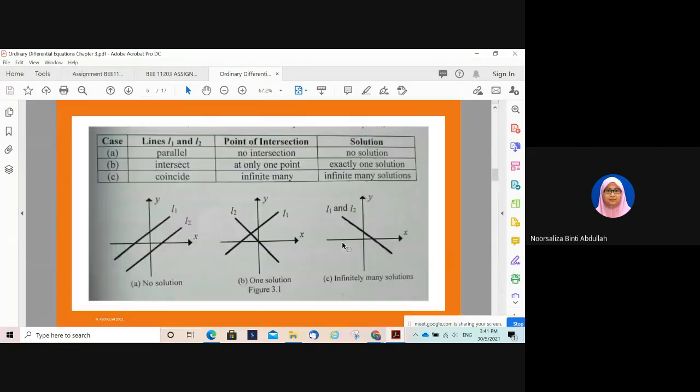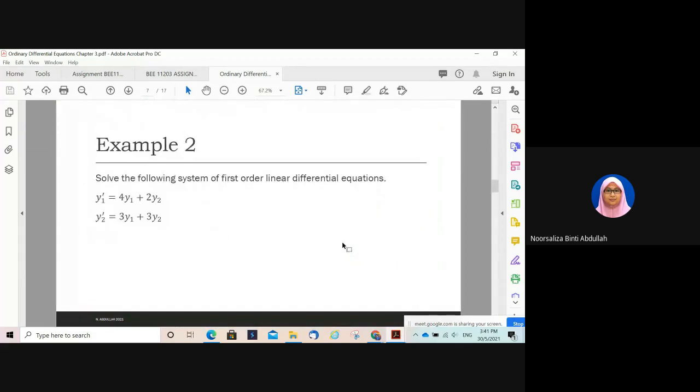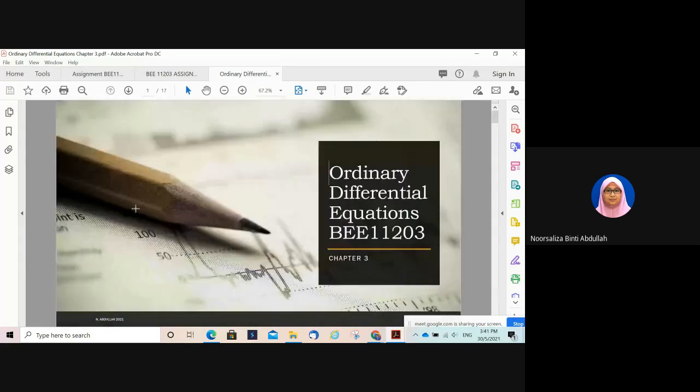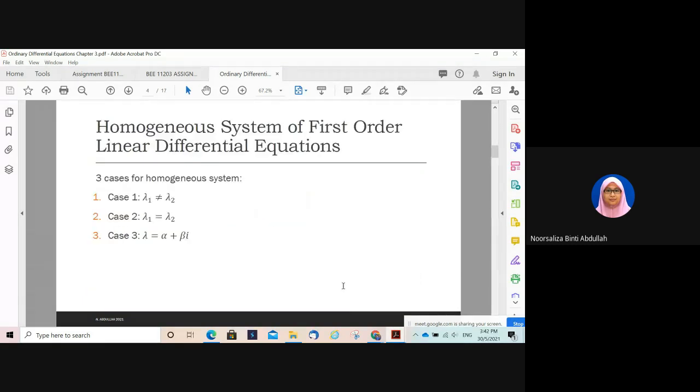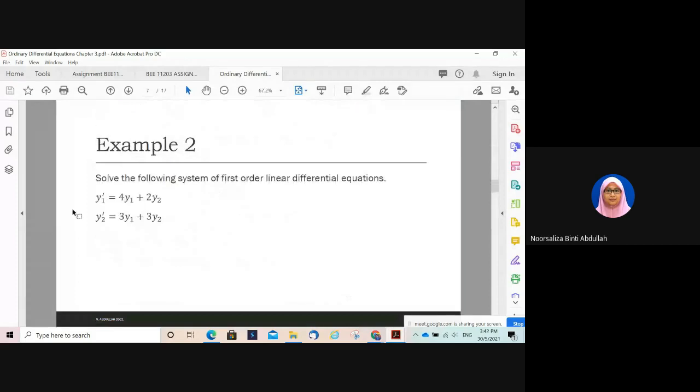Your system is homogeneous if... Okay, if you look here, your system will have a g(x). If your g(x) is zero, which means your equation is something like this, y1 equals this. Here there is no g(x), it only has y1 and y2.